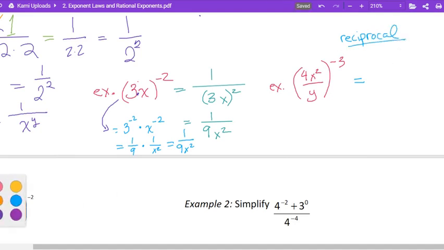And so in my first step, I am not calculating anything. I am going to rewrite this fraction as its reciprocal, all to the power of +3. So all I've done thus far is just eliminated the negative exponent. And from this point, now I can use the quotient law.